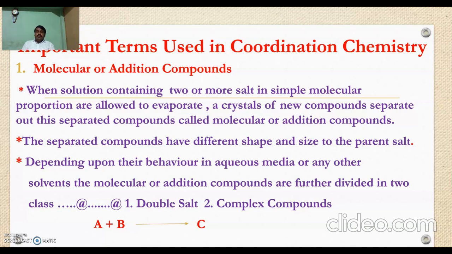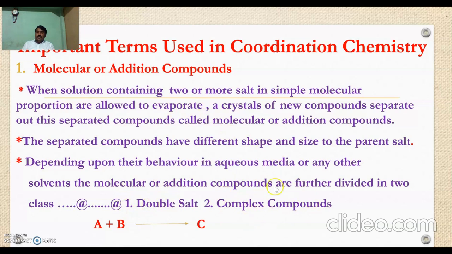The separated compound has different shape, size and chemical properties to the parent salt, depending upon their behavior or nature in aqueous media or any other solvent. The molecular or addition compounds are further divided into two classes, that is double salt or complex compound.